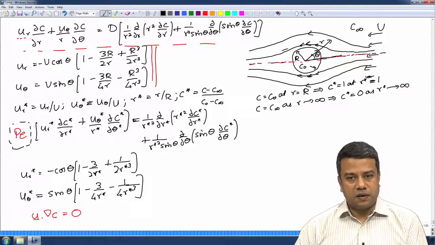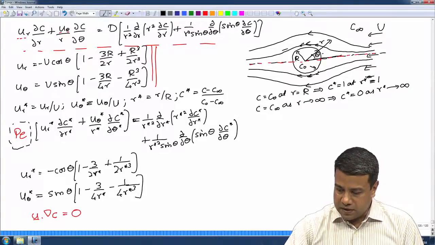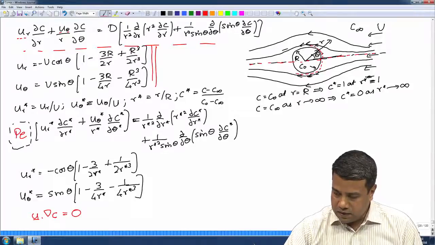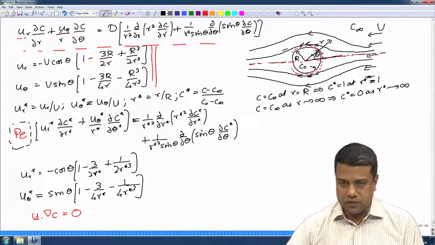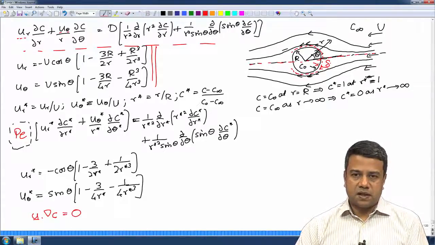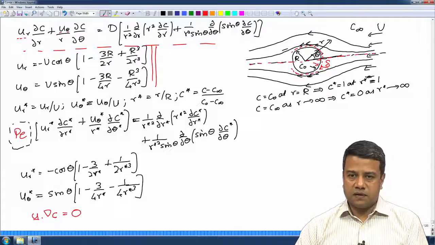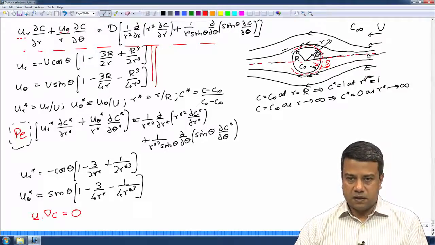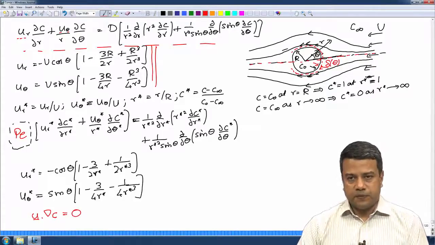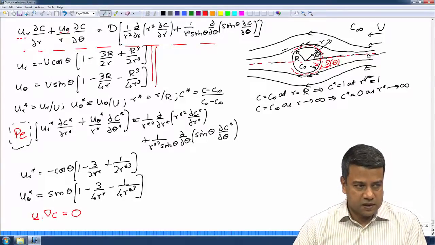So, how do we take into account the effect of diffusion at high Peclet number? We have to postulate the presence of a boundary layer close to the surface, of thickness delta. This thickness delta will in general be a function of the streamwise direction. Along the surface, theta is the streamwise direction.